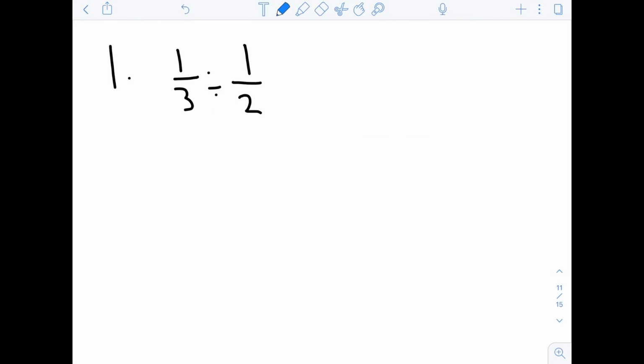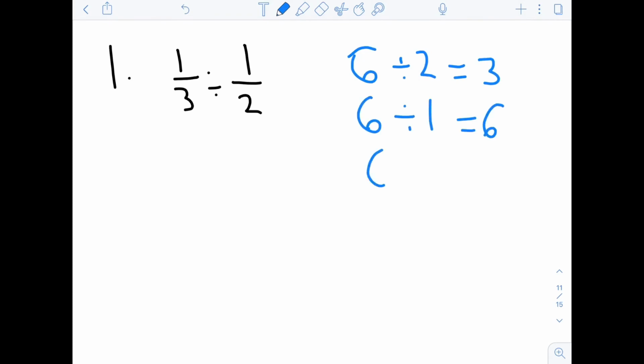Now, when you're dividing fractions, you're going to multiply by the reciprocal. Because if you have something like 6 divided by 2, that's 3. If you have 6 divided by 1, that's 6. So if you have 6 divided by 1/2, that's going to be 12, because we're multiplying by 2 each time.